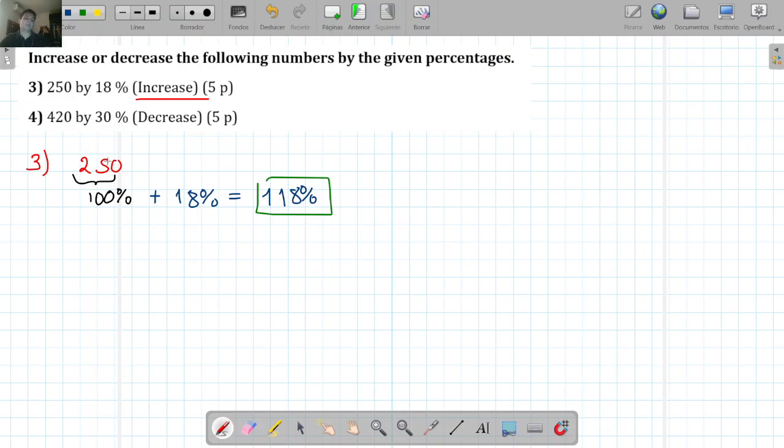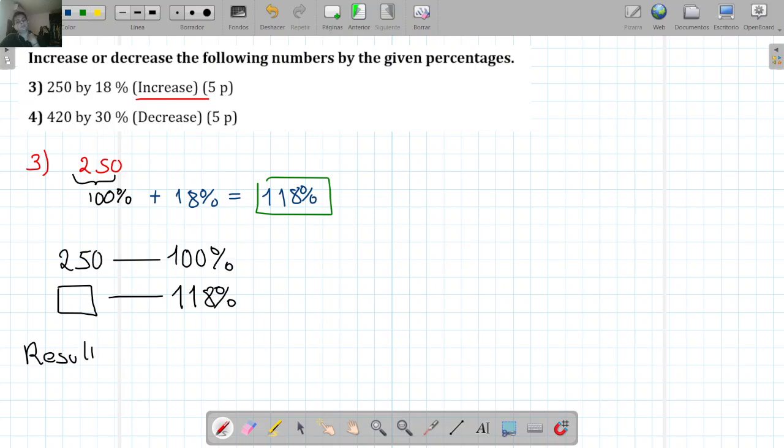Therefore, I can work again with the rule of 3. And using the same logic, I can say 250 represents the 100%. But we are looking for the 118%. So again, our result is going to be 250 times 118 divided by the other number 100.